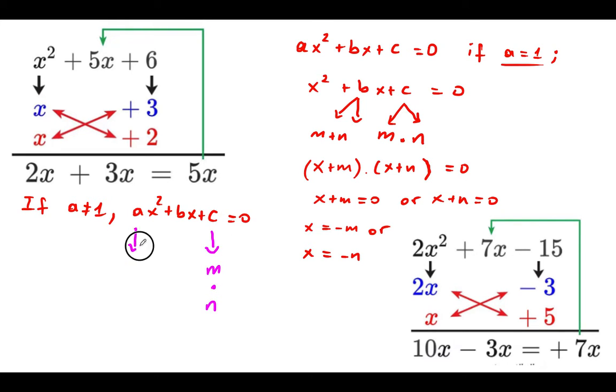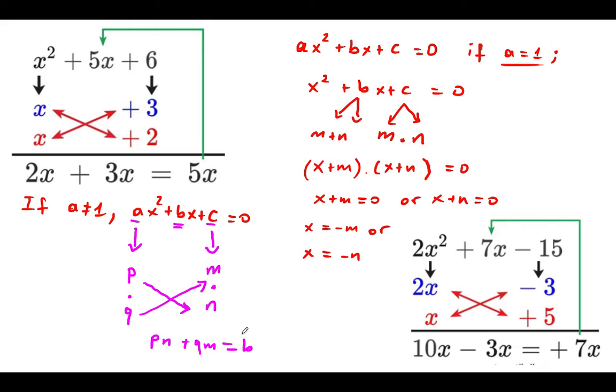And then we find another two numbers, p and q, for example, where p times q must be a. And then, let's be careful here, p times n, which is pn, plus q times m must be equal to the coefficient of x, which is b.